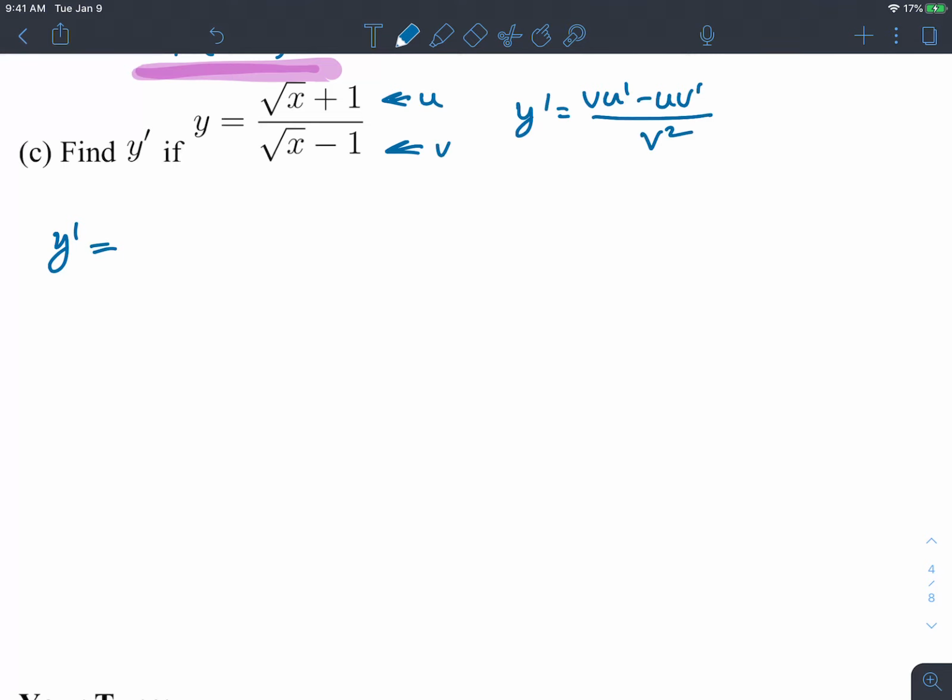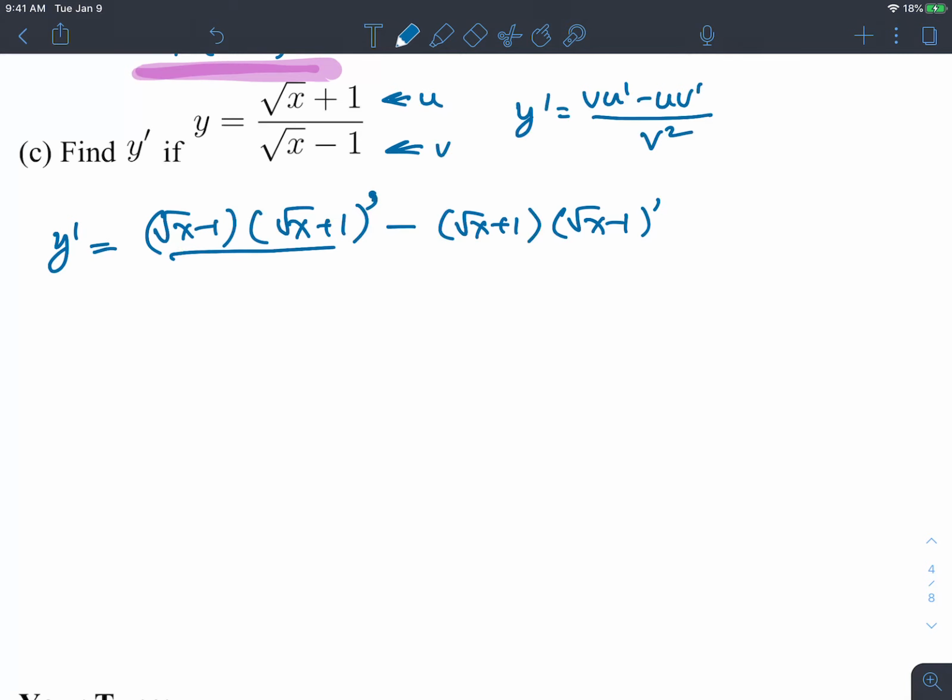So the bottom, as it is, root x minus 1, times the derivative of the top, which I'll mark with an apostrophe, minus the top, root x plus 1, times the derivative of the second, divided by the denominator squared.